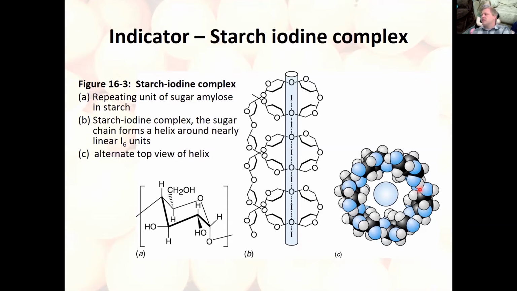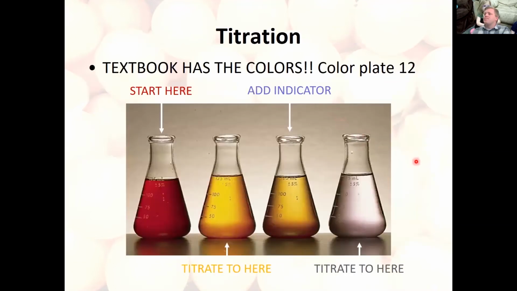So specifically, this whole complex has a blue color. And then as we titrate out the I3 minus and deplete it during our titration, we undo these coils and cause the blue to eventually disappear.